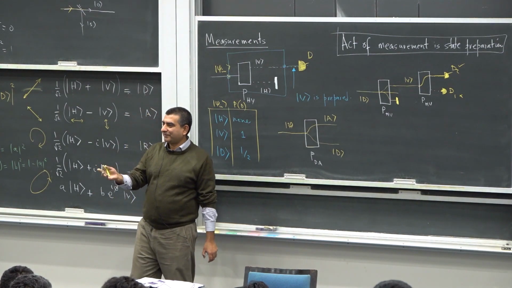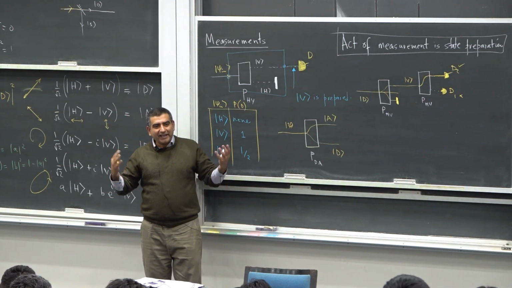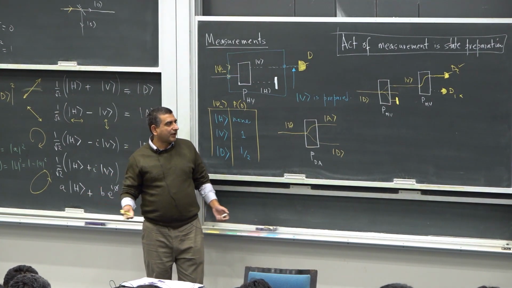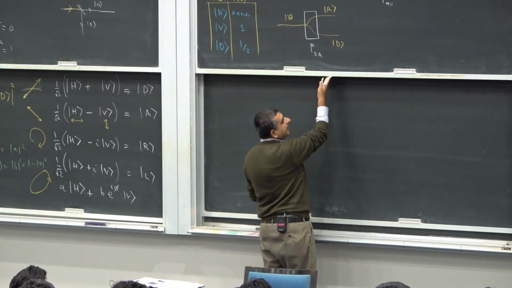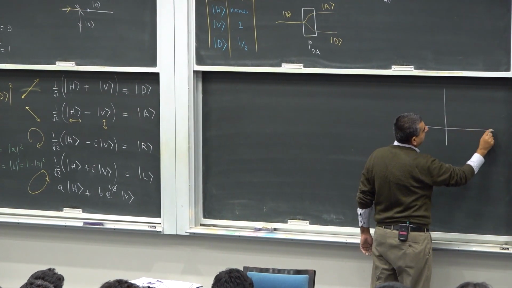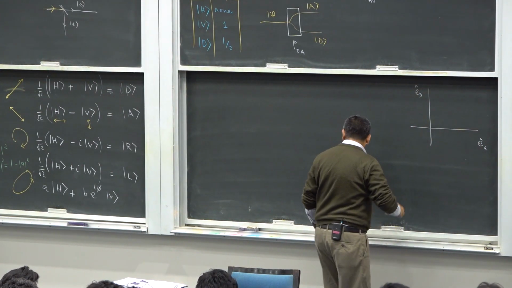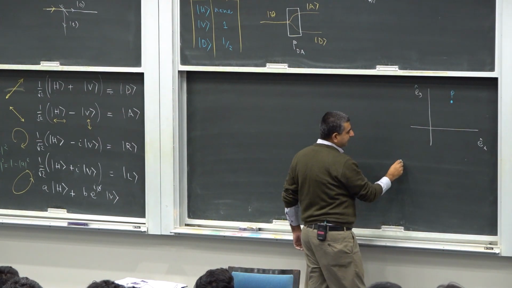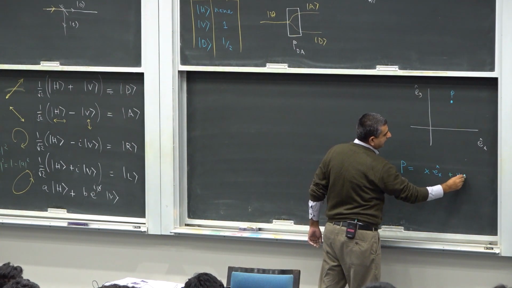There's nothing special about H or V. That's one possible set of basis vectors. D and A is another basis. So any quantum state can be represented in terms of ket D and ket A as well. Now, to satisfy you on this, if I have a two-dimensional flat space, nothing quantum about it, with axes Ex, Ey, and I take a point P, I can express this point P as some X Ex plus Y Ey, right?